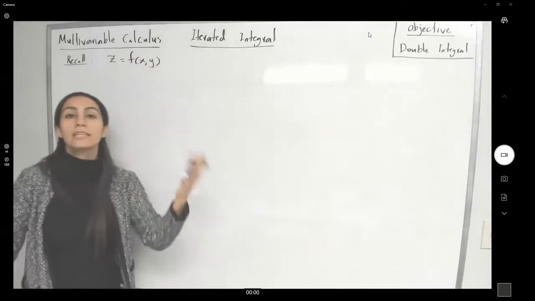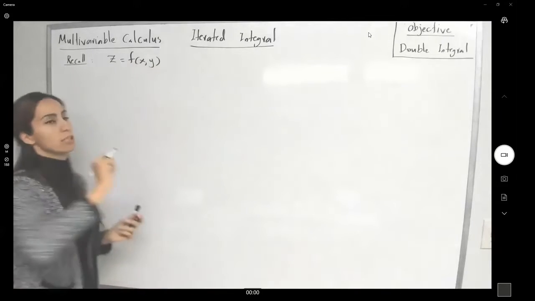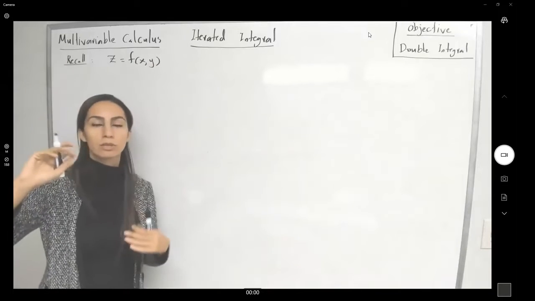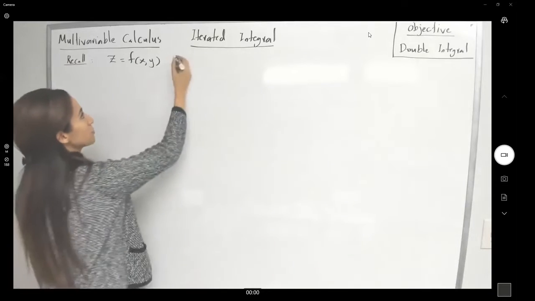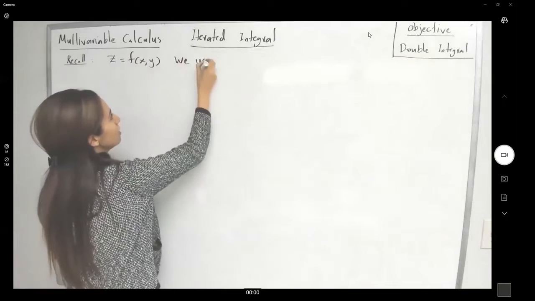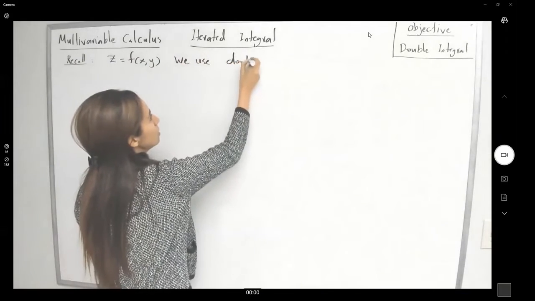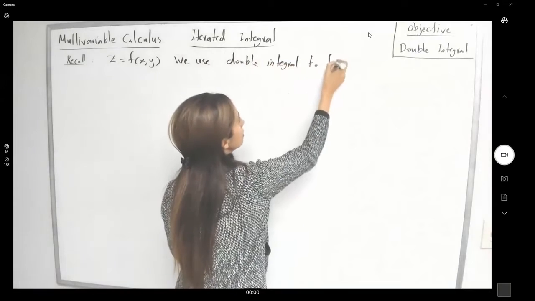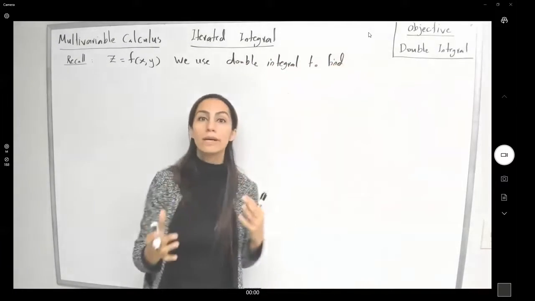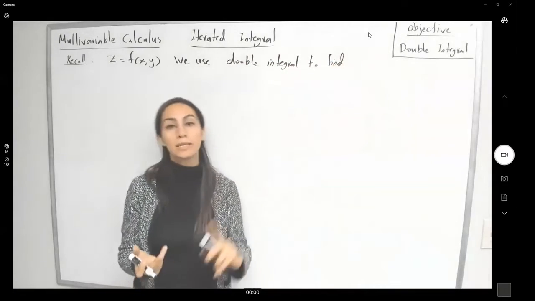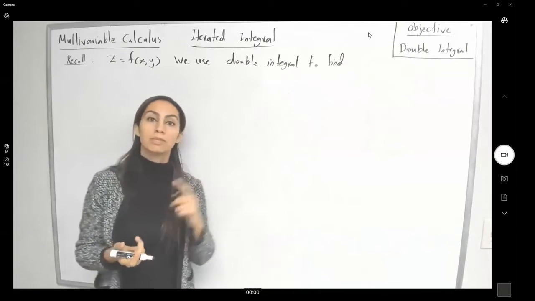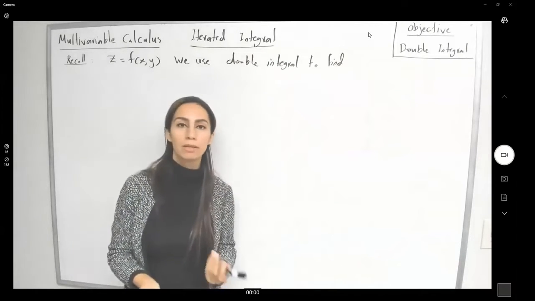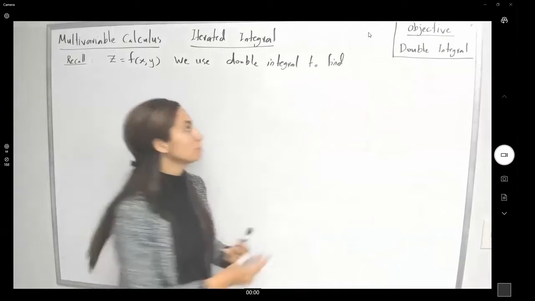then to integrate this function, we need a double integral. One integral doesn't work because we have two free variables. We use a double integral to find, depending on the question, the volume, it might be the charge, it might be the density, it might be related to probability, the density function.